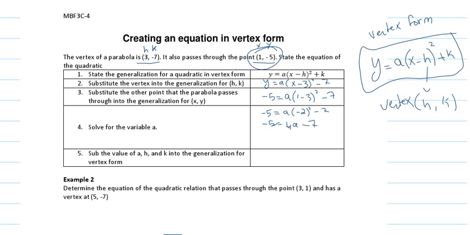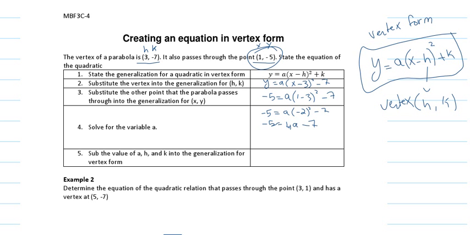Now, what do I do to solve for a? Move what to the other side? So I want a by itself and everything else on the other side. What's the first thing I want to get rid of?